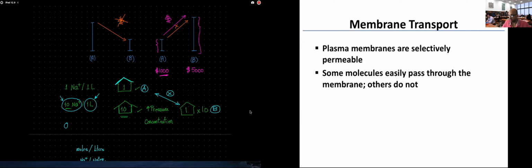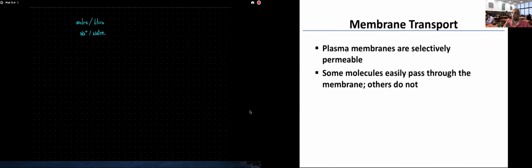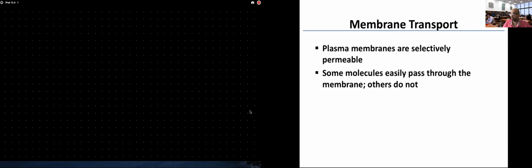All right. So those are the primary factors here that will determine whether you're going to be allowing the membrane transport or not. And the other factor is going to be the chemical structure of the molecules.